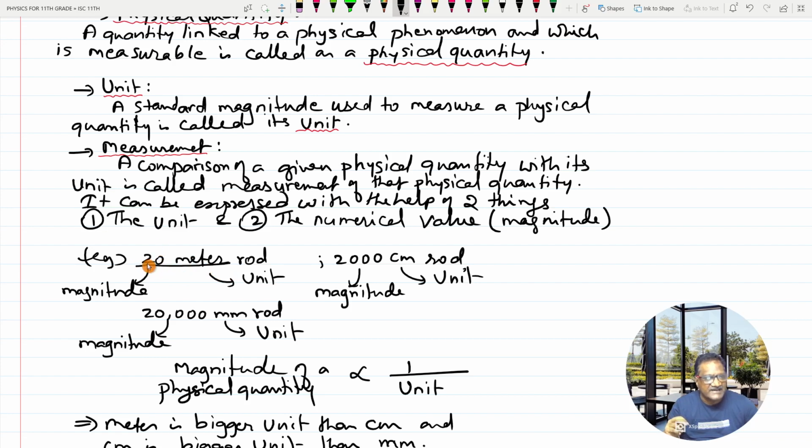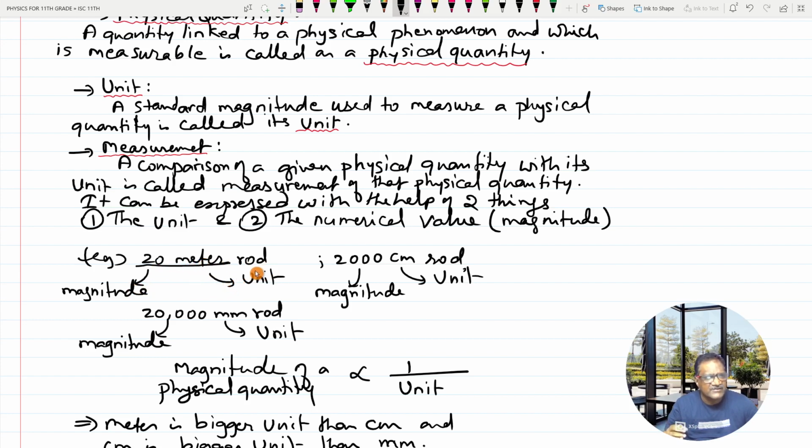One is the 20, which is the numerical value, or you can say the magnitude. And the second part is the meter, which is the unit. Okay. So when the magnitude and unit combine together, then a measurement is complete. So for a 20 meter rod, in that particular measurement, 20 is the magnitude and meter is the unit.